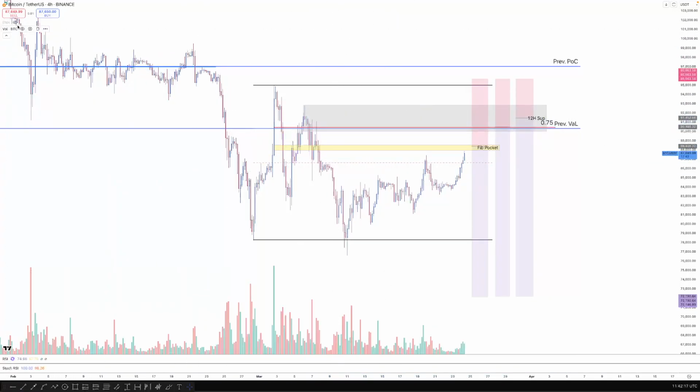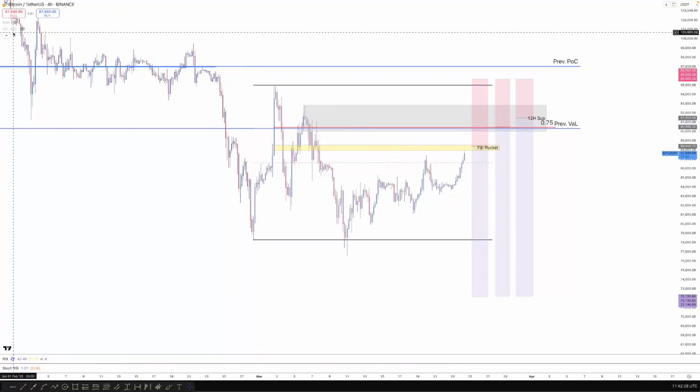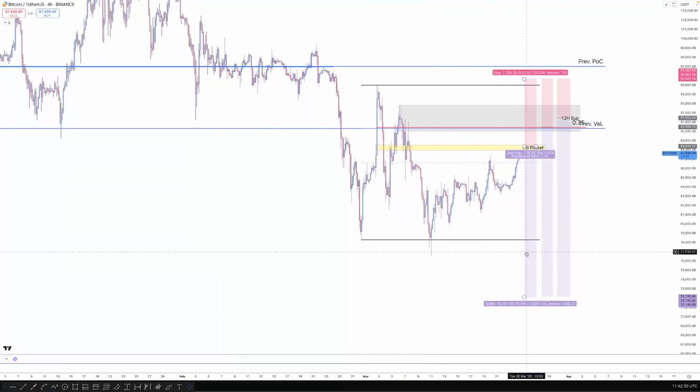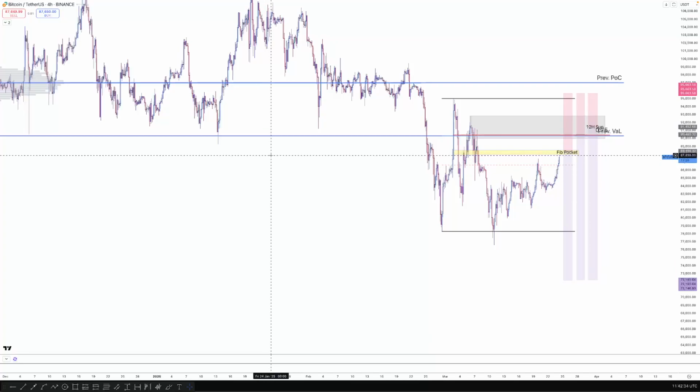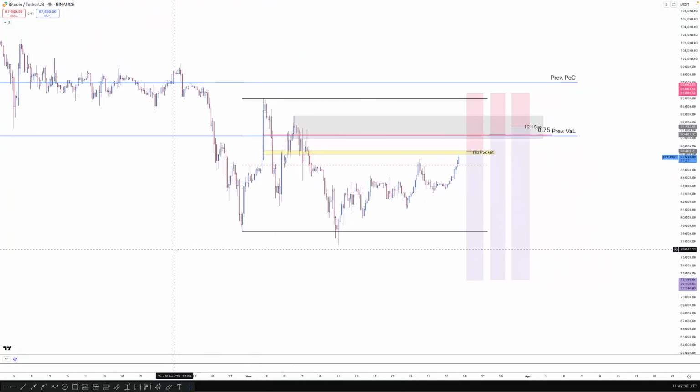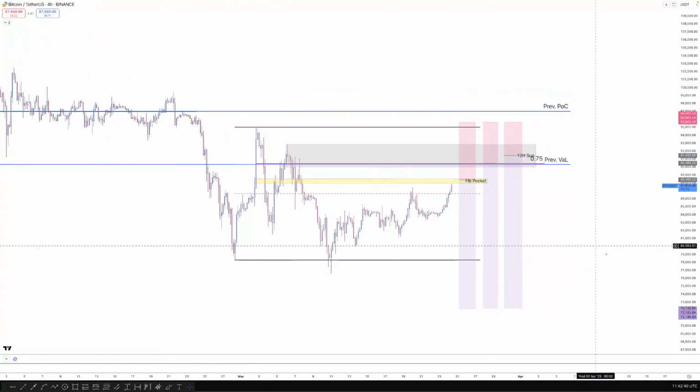To say it again, around this level we do have the 4-hour EMA 200 that is historically, in the last months and weeks, a resistance level. We do have the Fibonacci level, we do have the 12-hour supply, we do have the former support level that is now potentially acting as resistance, and we do have the range and the market structure aligning to this level.